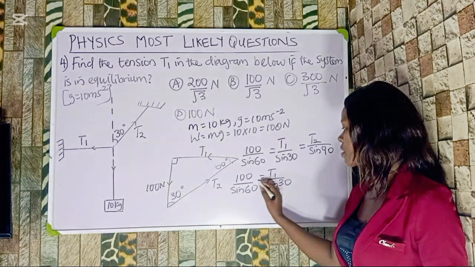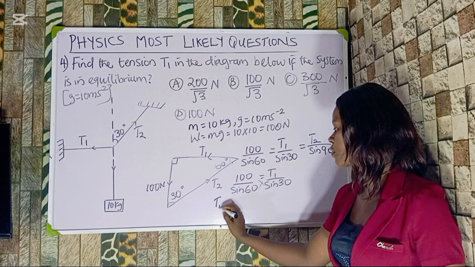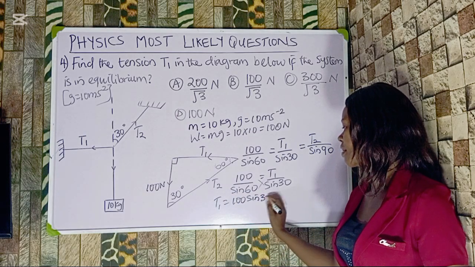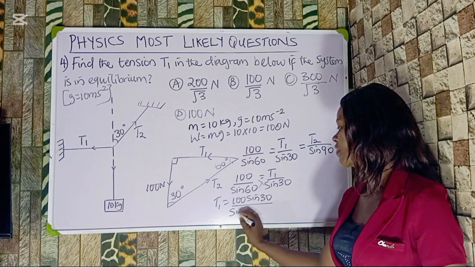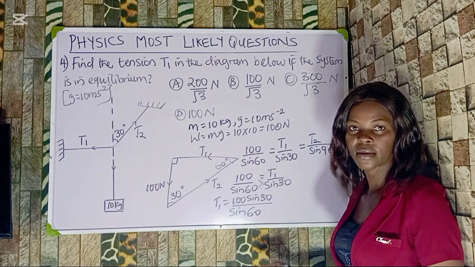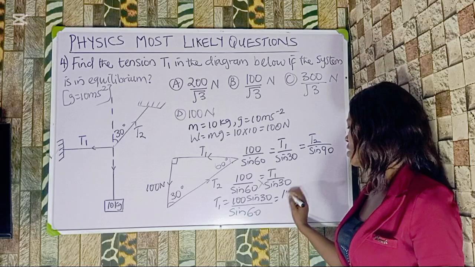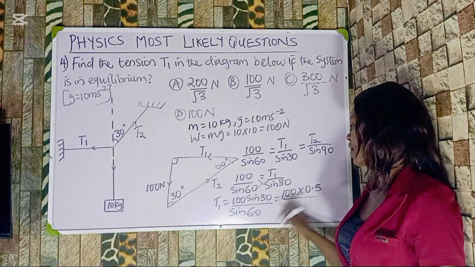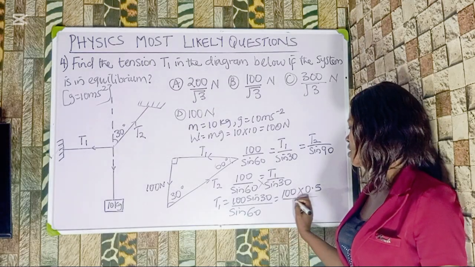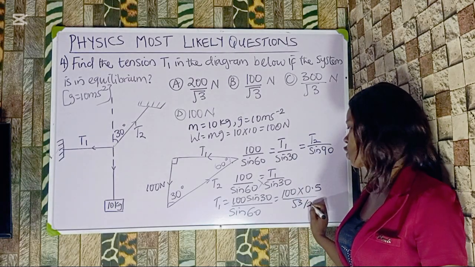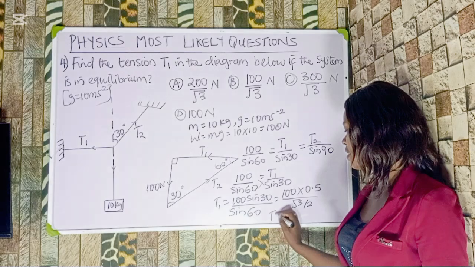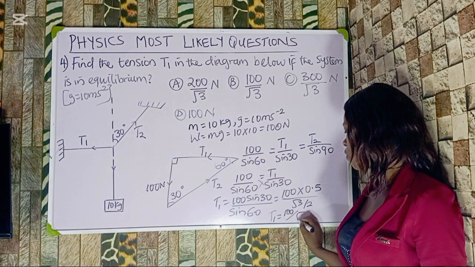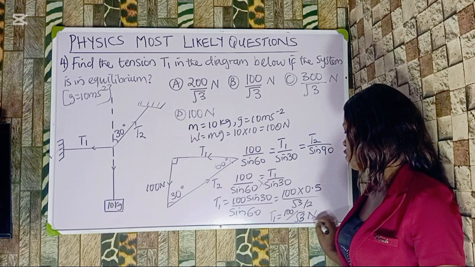We cross multiply. We say that T1 is equal to 100 sine 30 all over sine 60. So this is 100, sine 30 is 0.5, and sine 60 is root 3 over 2. By the time you work it out, my T1 is going to be 100 over root 3 Newton.